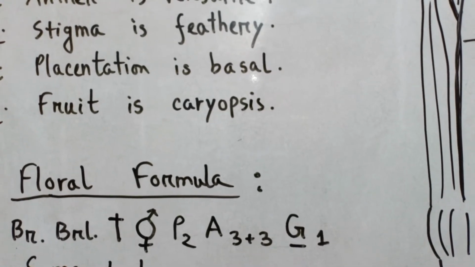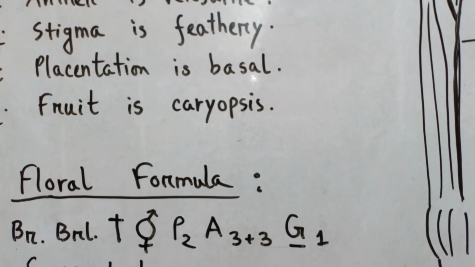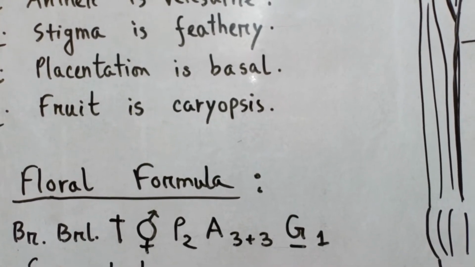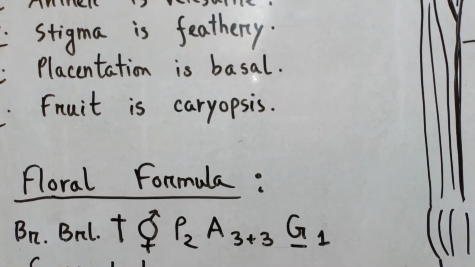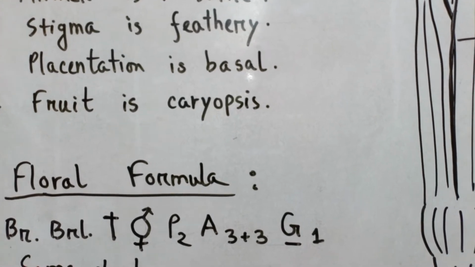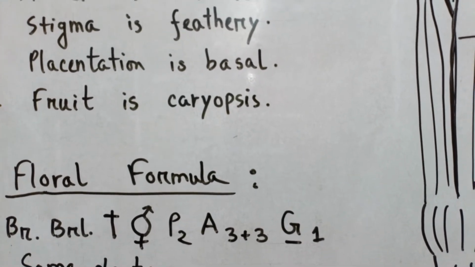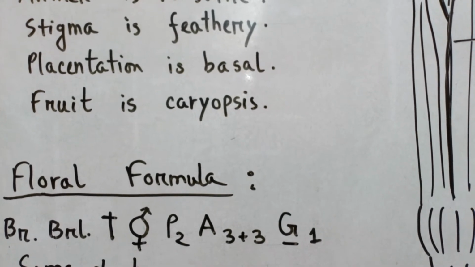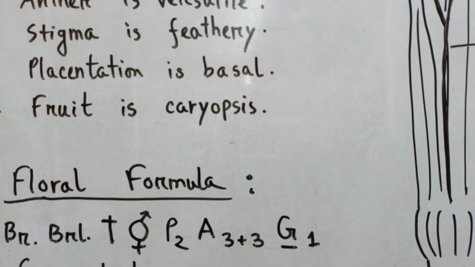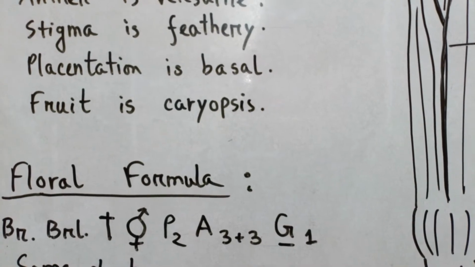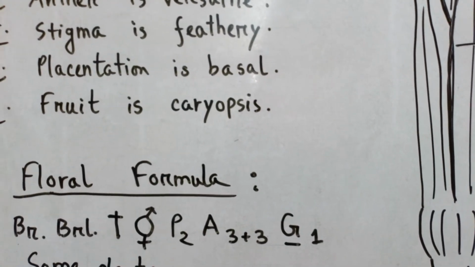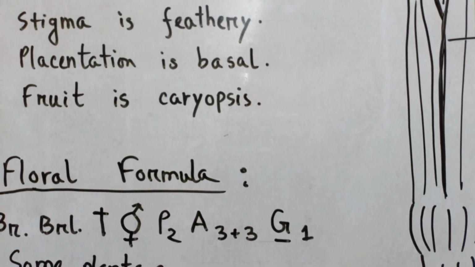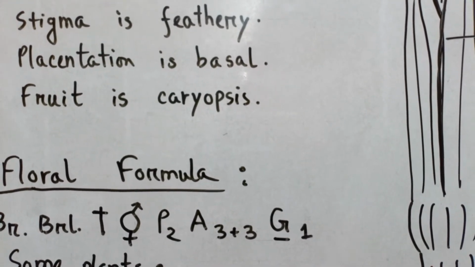A3 plus 3 means stamens are 6 in number. They are arranged in 2 rows and they are free. A indicates androecium. 3 plus 3 means they are arranged in 2 rows, and as there is no bracket, they are free, not joined. The next characteristic is for gynoecium, and it indicates ovary is superior.